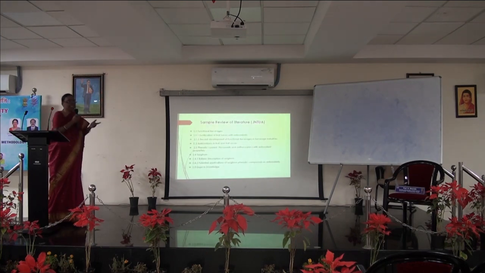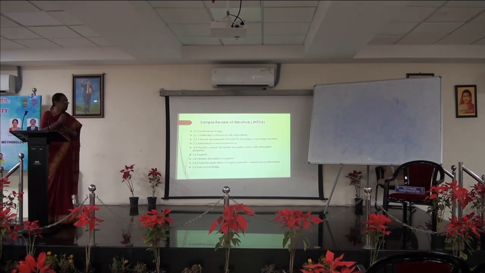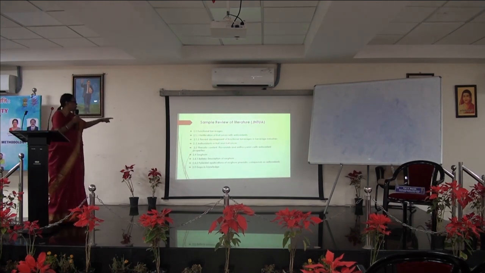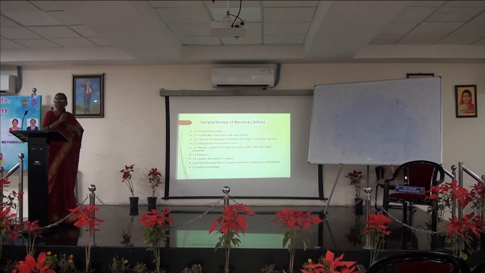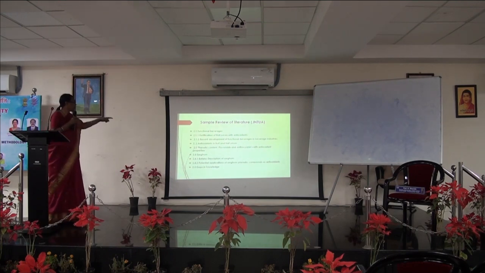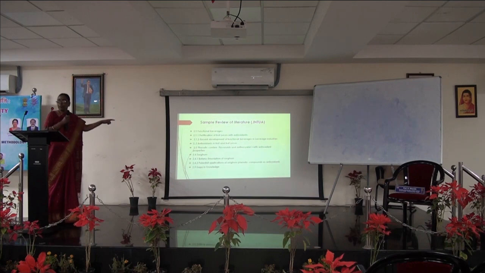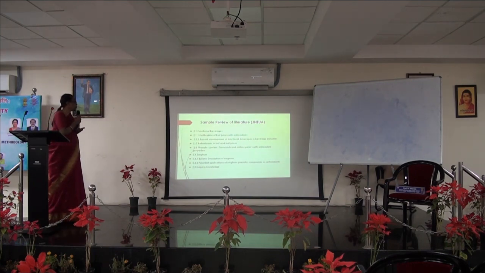Sample review of literature, JNTU Anantapur. You see 2.1, this is about development of a food product. In 2.1, they also gave 2.1.1, functional beverages, fortification of fruit juices with antioxidants, recent development of functional beverages in beverage industries. 2.2, antioxidants in fruit and fruit juices. 2.3, phenolic content.